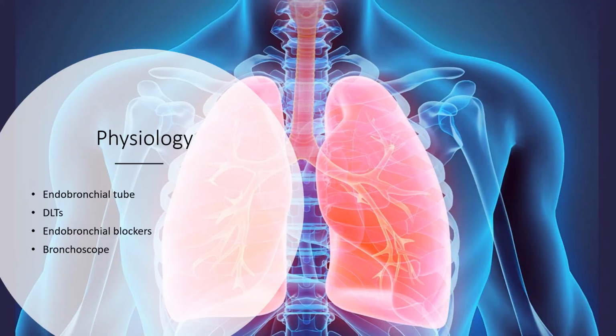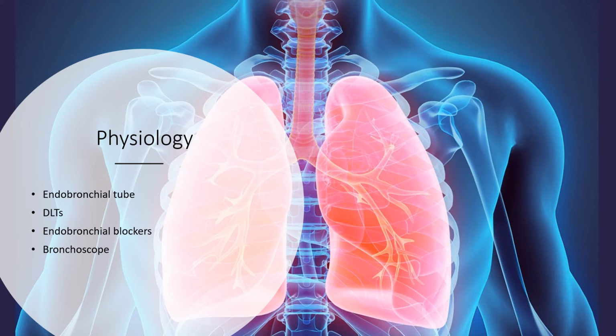All right, so for this slide, physiology, there are different types of tubes that can be used. There's an endobronchial tube, there's dual lumen tubes, there's endobronchial blockers, and then I'll explain what the bronchoscope is for. The single lumen endobronchial tubes are longer than normal endotracheal tubes, but with smaller external diameters and smaller cuffs.